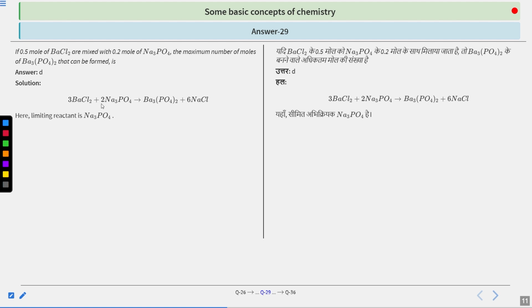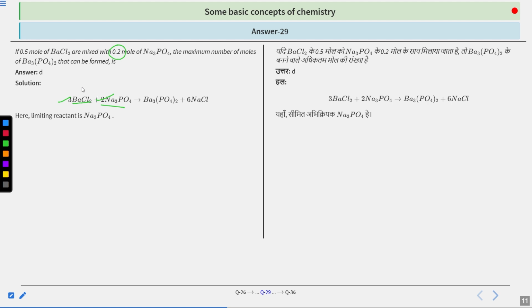Now, according to this balanced chemical equation, 2 moles of Na3PO4 react with 3 moles of BaCl2. Therefore, we can also say that 0.2 mole of Na3PO4 will react with 0.3 mole of BaCl2. Clear? Now next, if you do the reverse thing, 3 moles of this react with 2 moles, so 1 will react with 2 by 3.